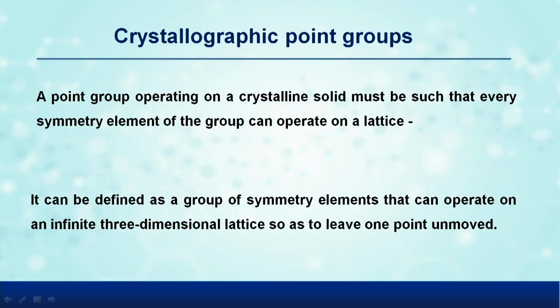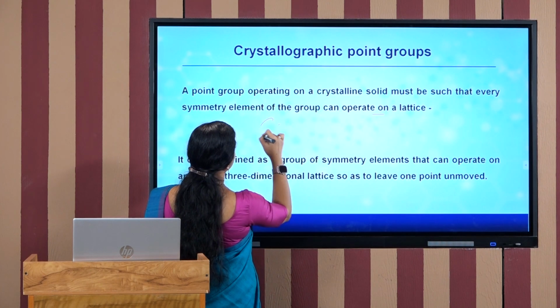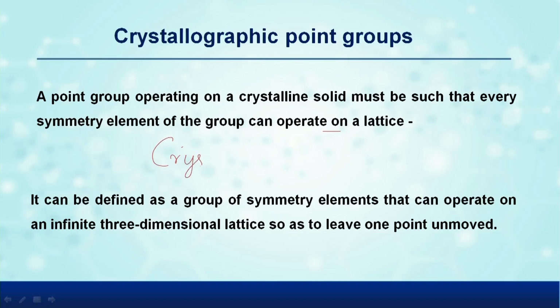A point group operating on a crystalline solid must be such that every symmetry element of the group can operate on a lattice, and such a point group is more specifically termed a crystallographic point group. As you can see in the heading here, it is a crystallographic point group.